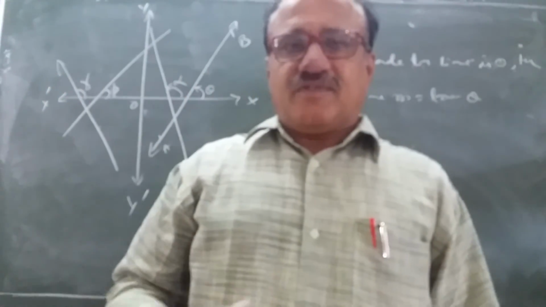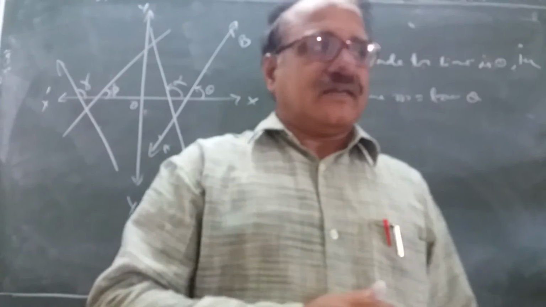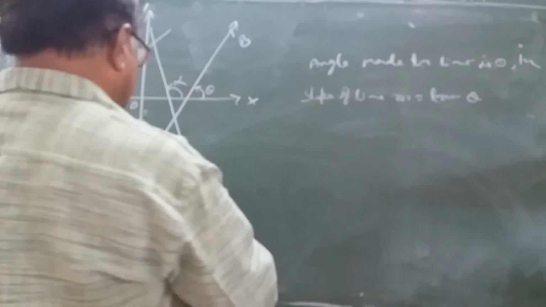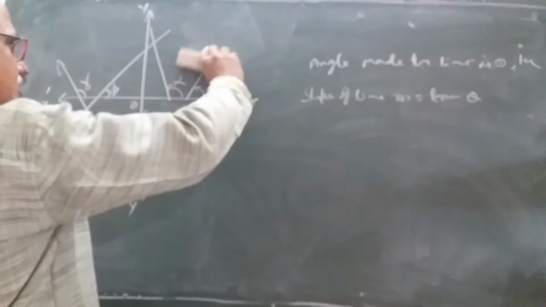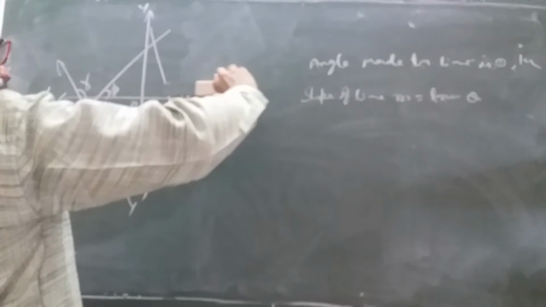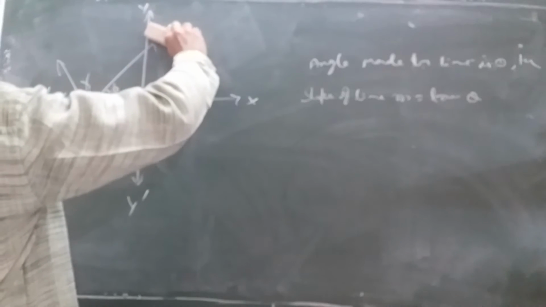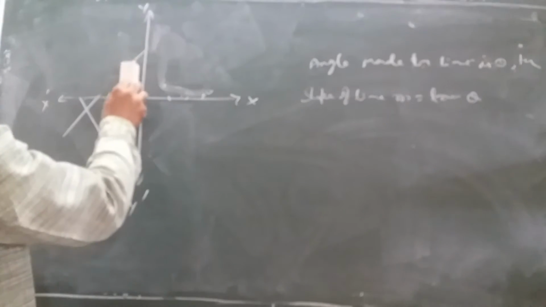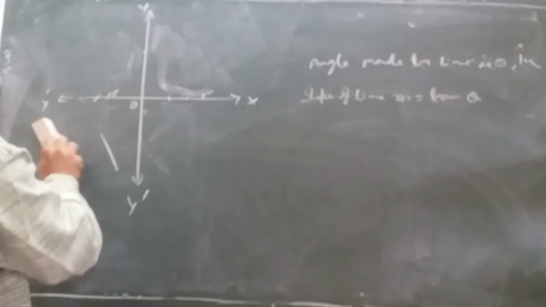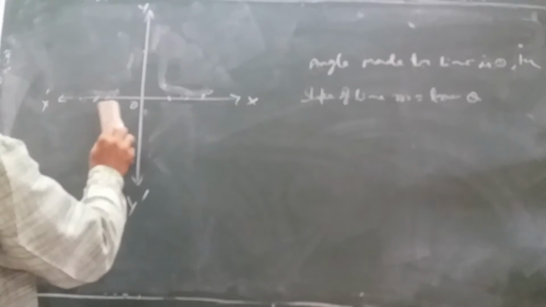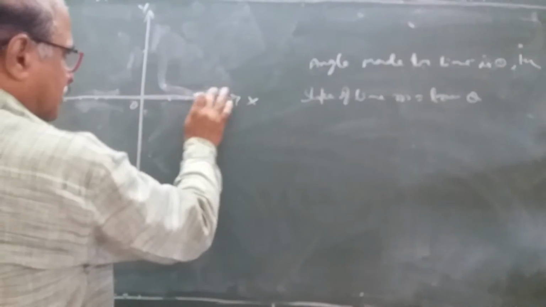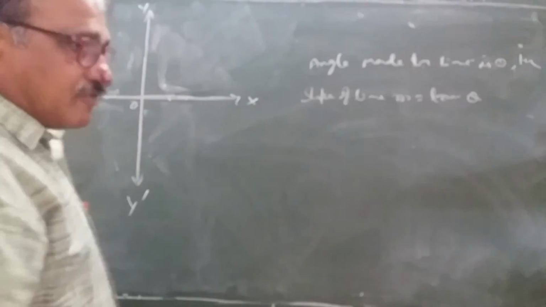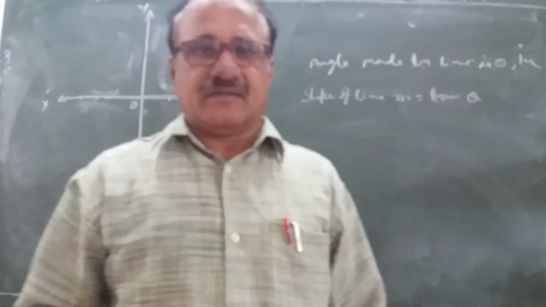The slope of every horizontal line, which is parallel to the x-axis, is equal to 0, and the slope of a vertical line is not defined, that is, infinity. The slope of the x-axis is also 0, and the slope of the y-axis is undefined.